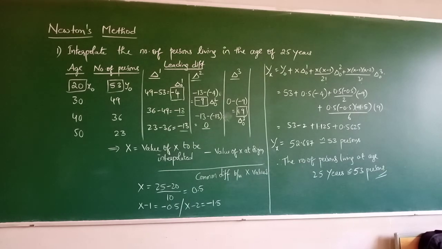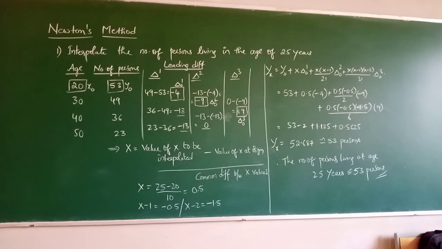See, easily you can identify the question. Interpolate the number of persons living in the age of 25 years. They are asking us to interpolate the number of persons who are living at age 25. So ages are given: 20, 30, 40, 50.